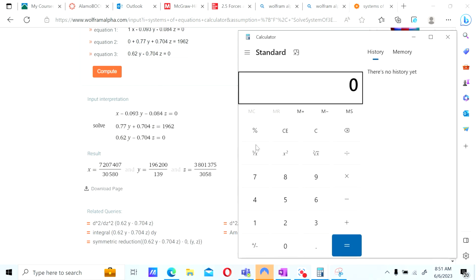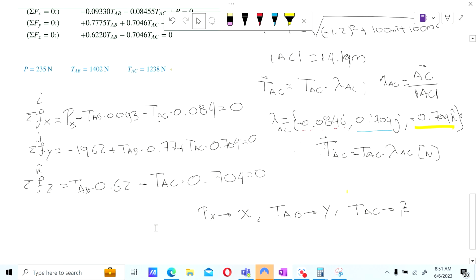All right, so we have 7207.407 divided by 30580. That is 235.7 newtons. So Px equals 235.7 newtons. Okay, we're good.